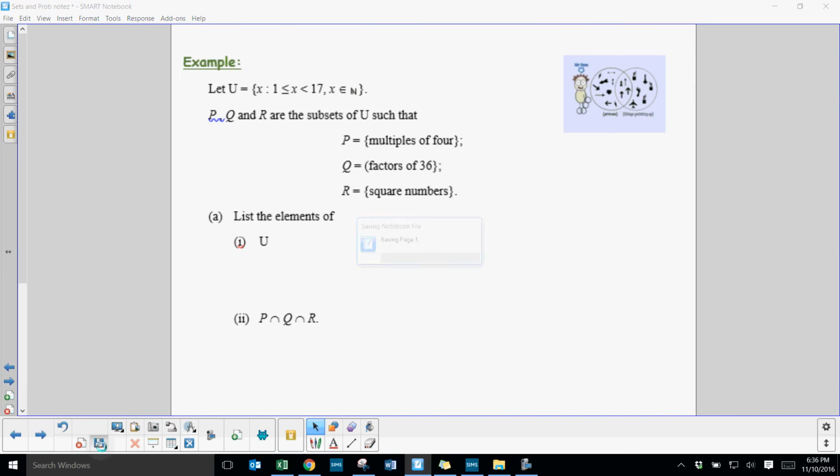Now let's move on to the next example, where we're having to list sets. So it's important to understand what these symbols mean. So we're obviously dealing with natural numbers, positive whole numbers, and in our course it does include 0 now.